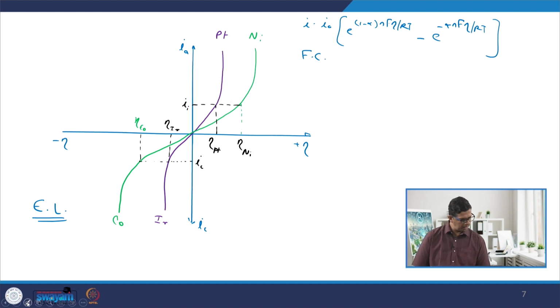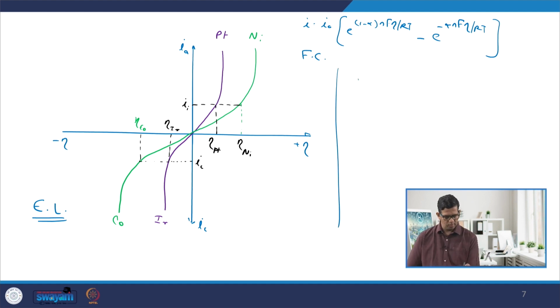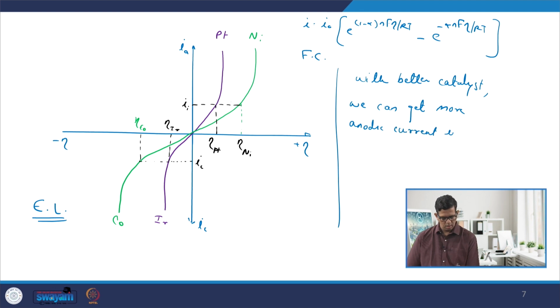So, let me write that. With a better catalyst, we can get more anodic current in fuel cell mode.